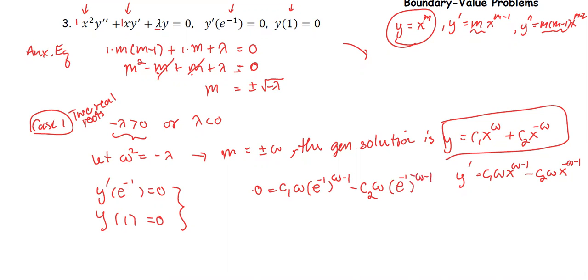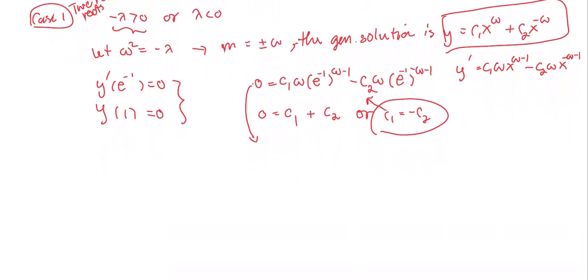And for the second condition, y at 1 equals 0. Back to the y equation, which is C1 times x, which is 1. So 1 to the omega is going to be the same as 1. So C1 plus C2 equals 0, or C1 equals negative C2. We place it in the first equation, which is from the first condition.